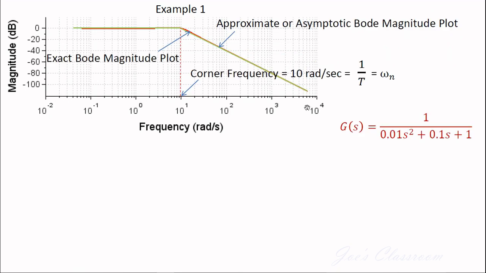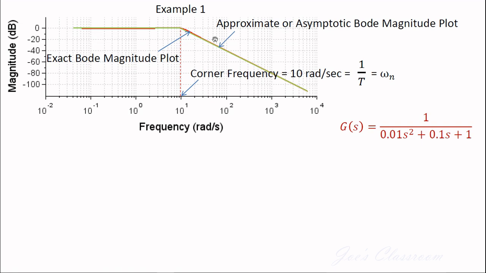Let us compare this with the asymptotic plot. There is not much difference. For frequencies far greater than the corner frequency and for frequencies far lesser than the corner frequency, they almost exactly match.